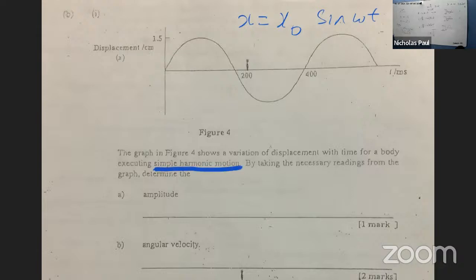How do we get the amplitude? What's the amplitude on the graph? See the graph? You can read off the amplitude. 1.5 what? 1.5 centimeters. What is angular velocity?